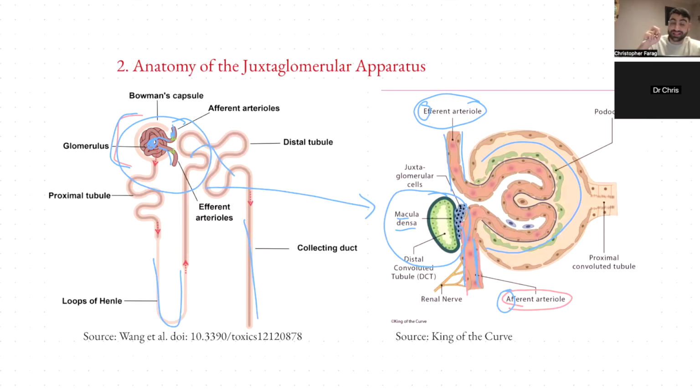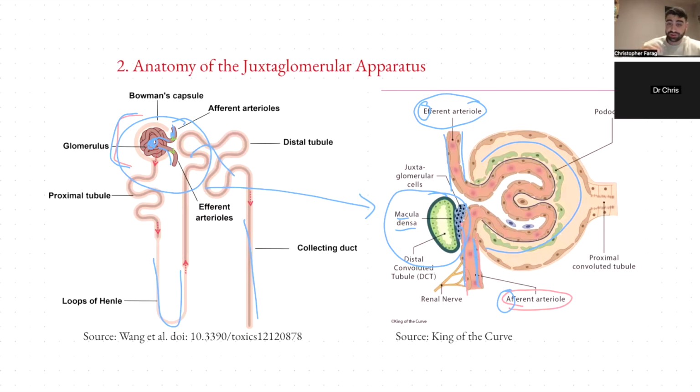It's kind of in that transition zone in a way that can detect osmolarity. Specifically, it can detect sodium and chloride concentration. And what it can do is send a local message to the juxtaglomerular cells, which are these blue ones in here.